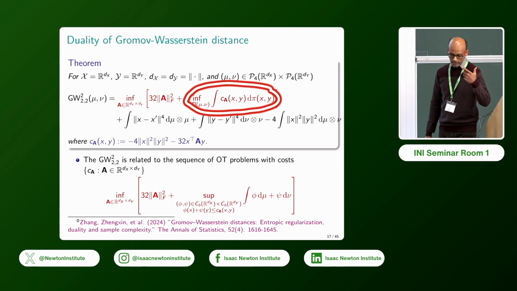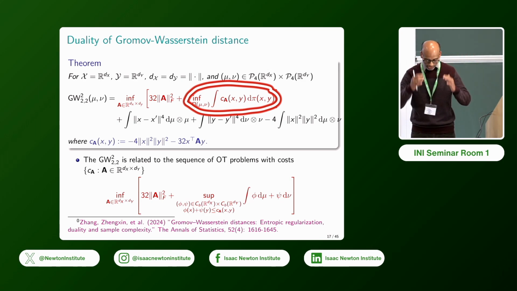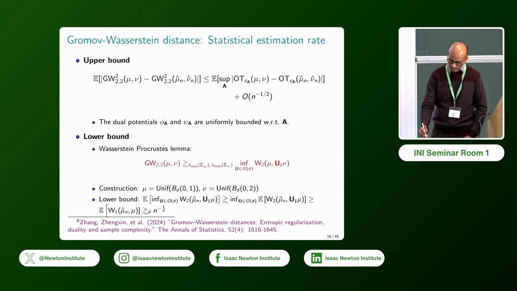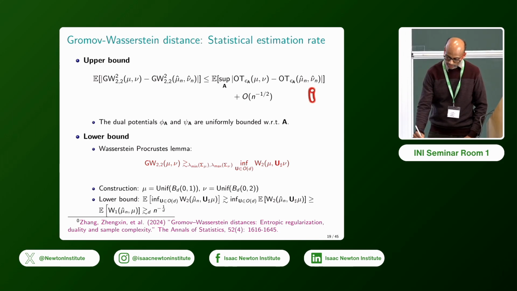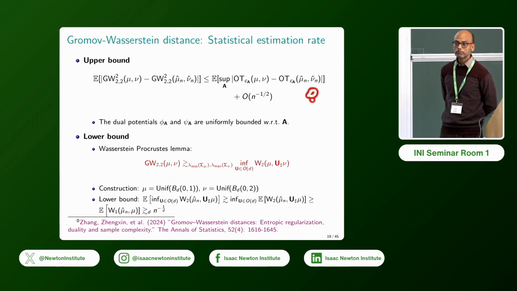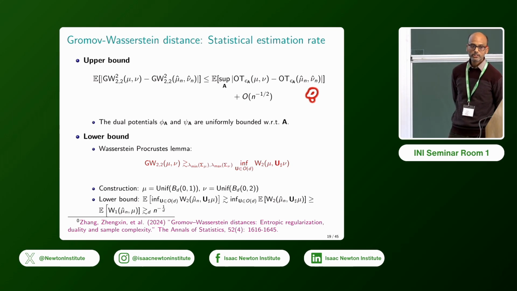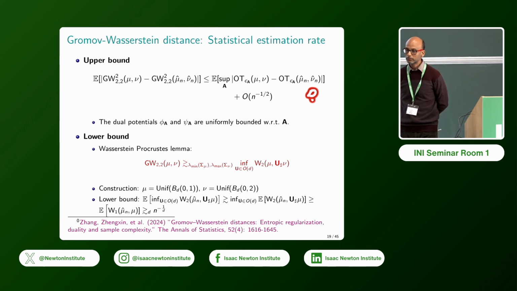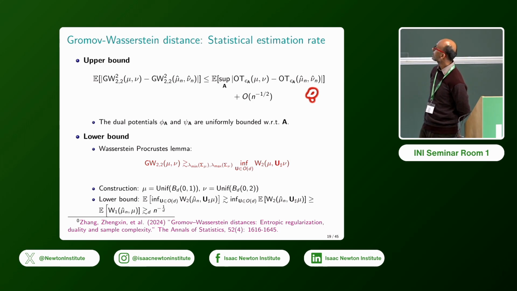That is one term that appears, and the other is the rest of the black terms, which can get estimated at 1 over root n. So the clear thing is we are looking at the estimation of a collection of optimal transport problems indexed by this matrix A. So you end up with a supremum of an empirical process, and use tools similar to those for Wasserstein distance to get those rates.